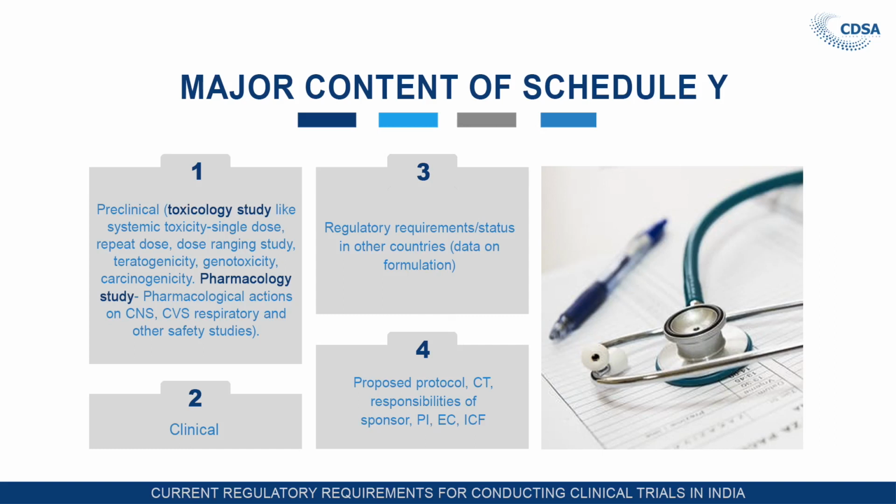The safety study, that is pharmacological action on the CNS, CVS, respiratory and other safety studies, have been mentioned. After the preclinical, then the clinical trial, that is, as we know, clinical trial phase 1, 2, 3. These are also mentioned in the Schedule Y.